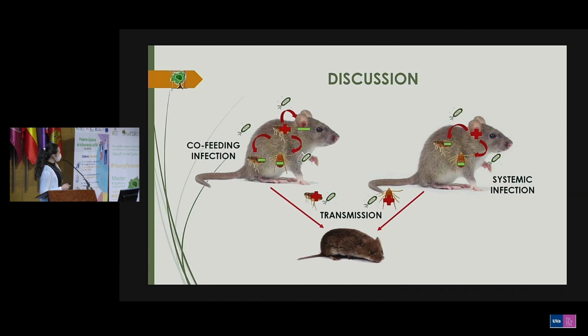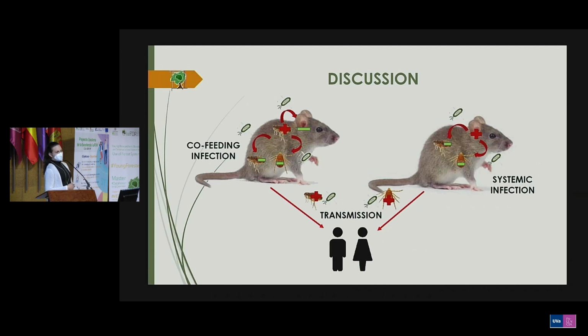But we can also find that the host is negative, and it's the ectoparasite, the vector, which is positive. And it can infect not only the host, but also other ectoparasites that are feeding on the same animal at the same time, even if the host is not infected yet. And then those positive vectors move to another animal, another host, to feed again. And in this case, it's a rodent, but accidentally it can be us.